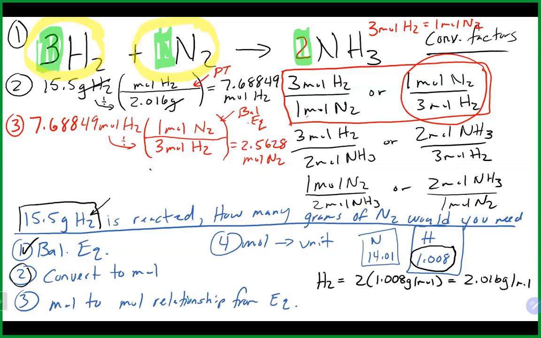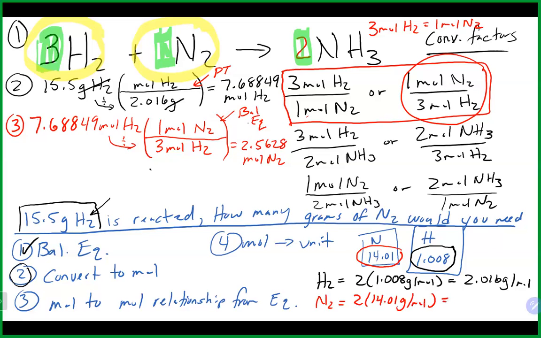So that's also a very important thing to remember. We're no longer at hydrogen. We have converted over to nitrogen. So we do need to go back to the periodic table and calculate our molar mass of N2 in this case. And once again, we'll grab the number there from the bottom of the box there. And we'll take 2 times 14.01 grams per mole.